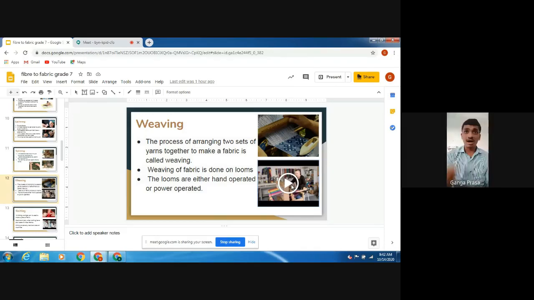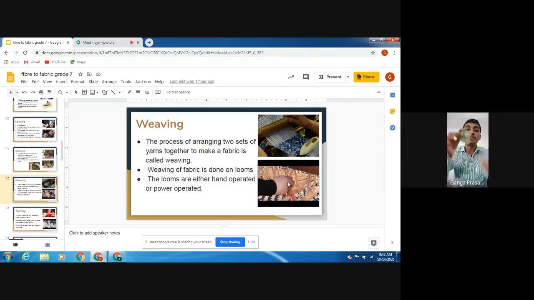All of you focus on my slide and video. The process of arranging two sets of yarns together. That means to make a fabric, yarns should be arranged in two sets. One set is vertically, another set is horizontally.